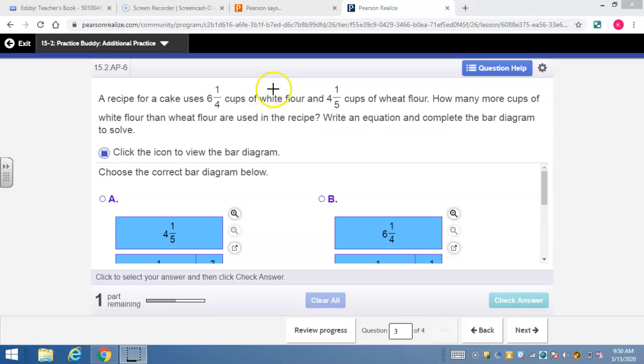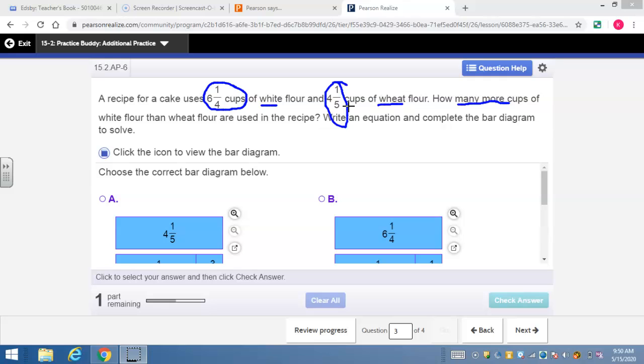So basically, we've got this number here, 6 1/4 cups of the white flour and 4 1/5 cups of the wheat flour. And the question is, how many more cups of white flour do we have than wheat? So we're comparing, all right?